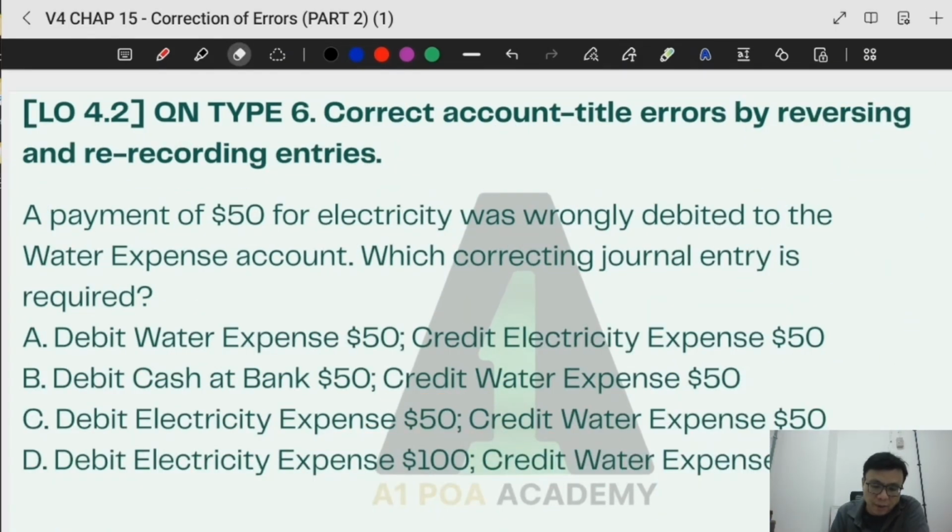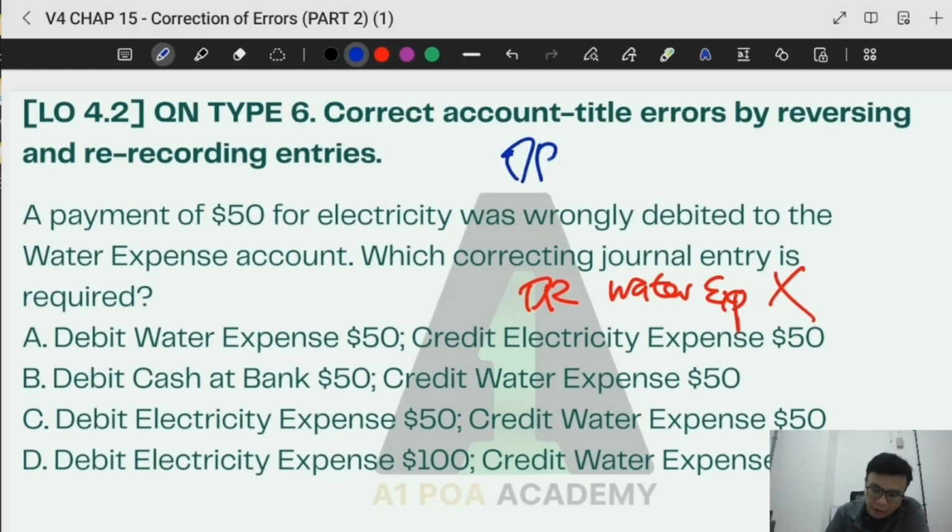Next question. A payment of $50 for electricity was wrongly debited to the water expense account. So let us write down over here. This is wrong: debit to water expense. The correct entry should be debit to electricity expenses.